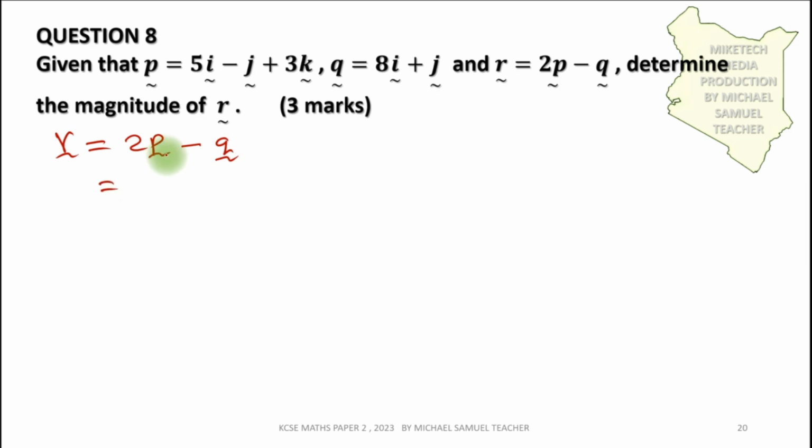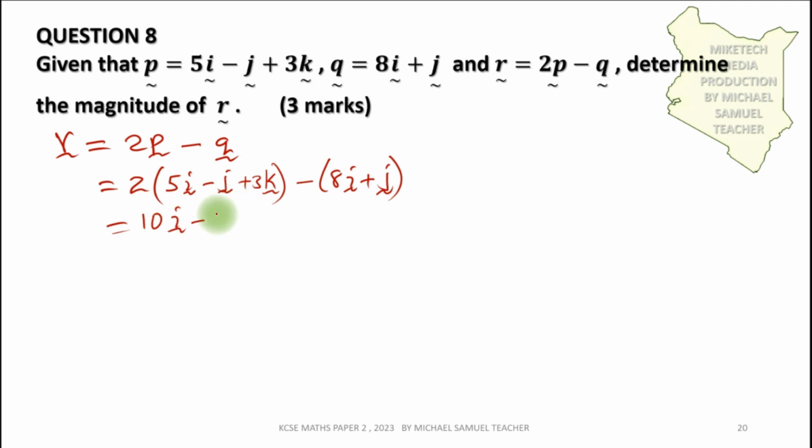But since we have p vector and q vector, we can substitute. So 2 times p vector is 5i vector minus j vector plus 3k vector. Then minus q vector is 8i vector plus j vector. Open the bracket, this will be 10i vector minus 2j vector plus 6k vector, then minus 8i vector minus j vector.